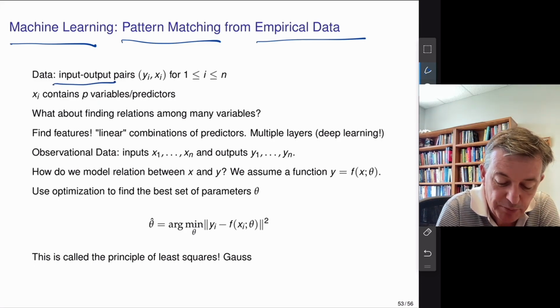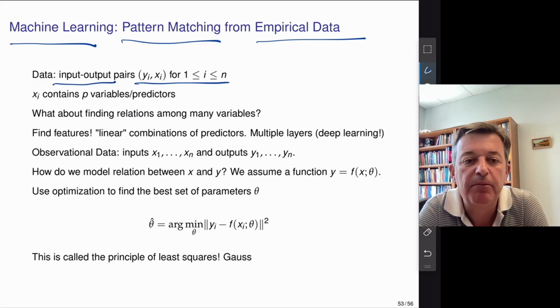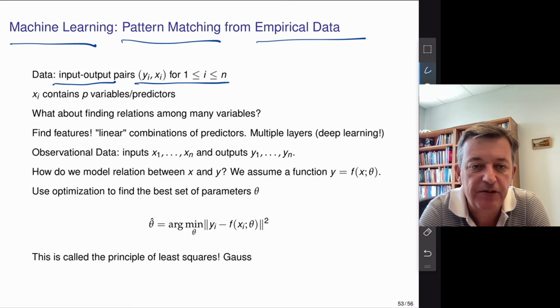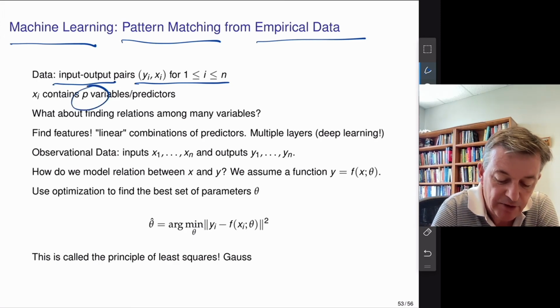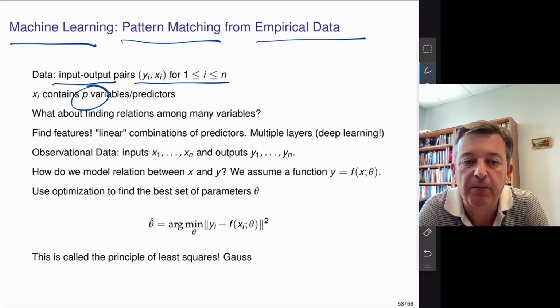And one of the interesting problems is you'll collect some empirical data set of input-output pairs, and you'll have a whole bunch of possible predictive variables, P variables, and P can be very high dimensional. And that's partly because P might contain all interaction terms, or what's known as dummy variables, indicator variables, etc. So you can create a lot of variables.